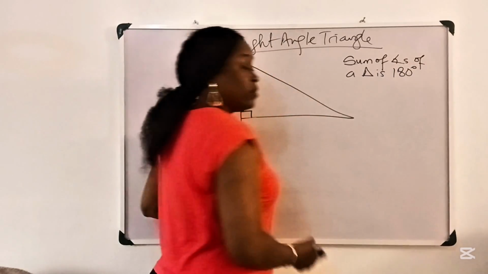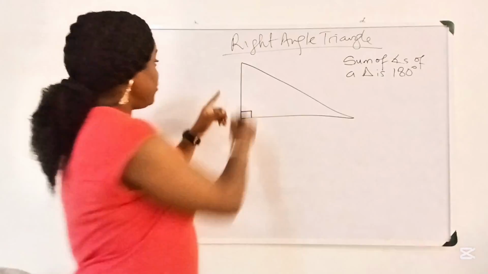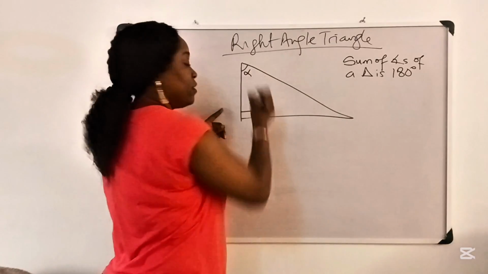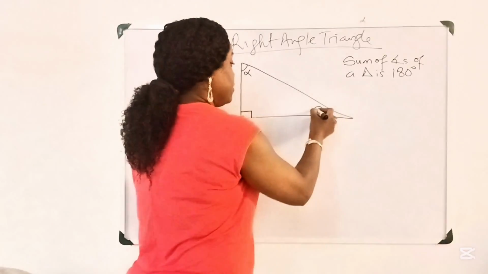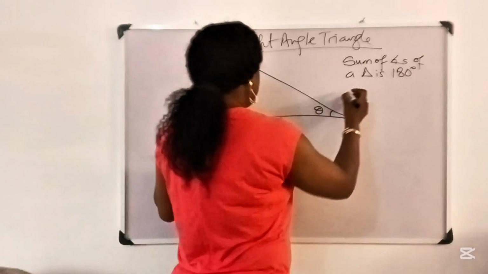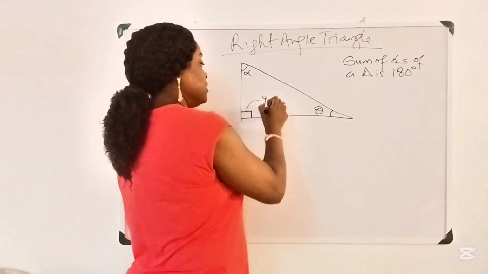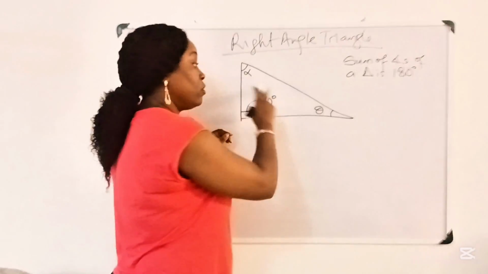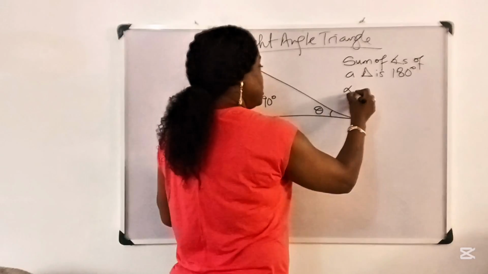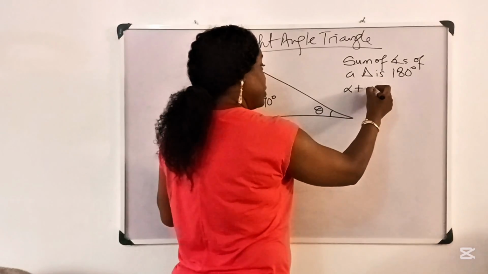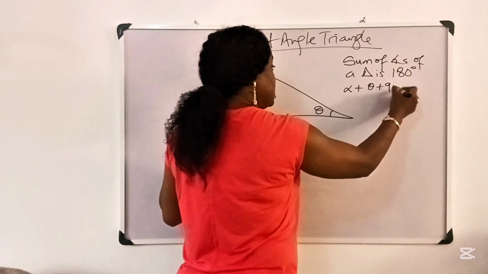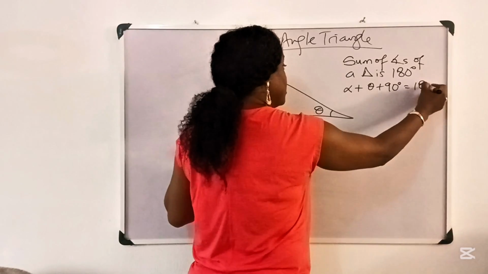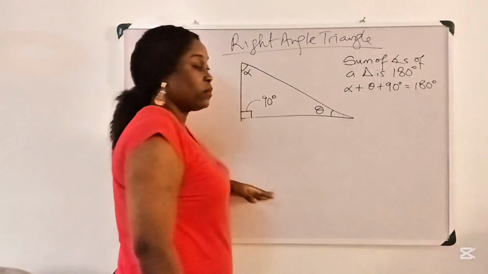And remember that the sum of all the angles of a triangle is 180 degrees. Therefore, if this is alpha and this is theta, and this is 90 degrees, that means the total sum of all the angles, alpha plus theta plus 90, equals 180 degrees.